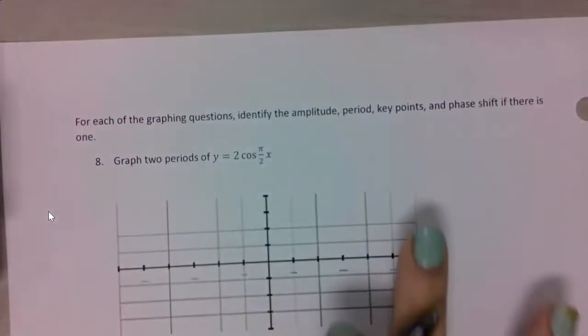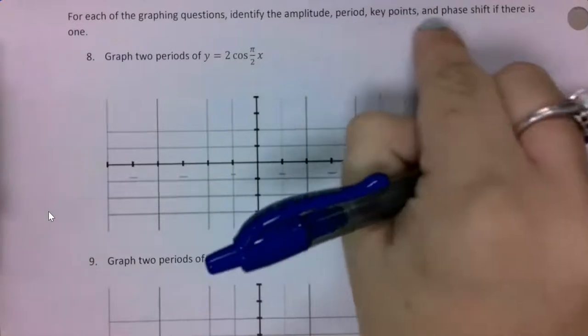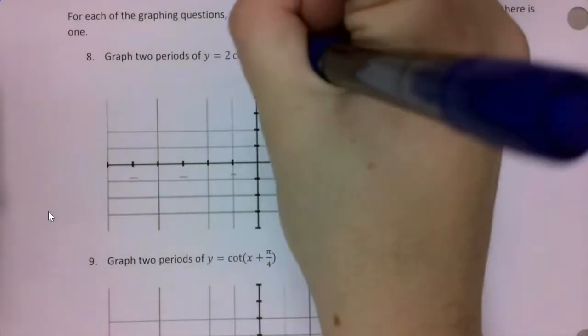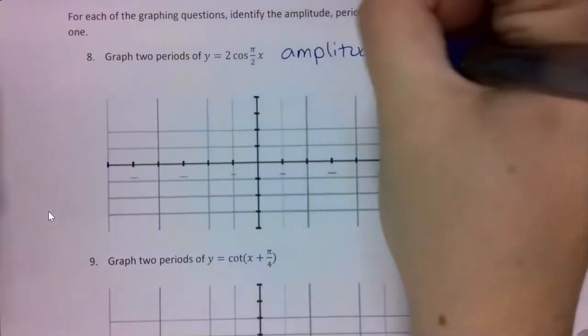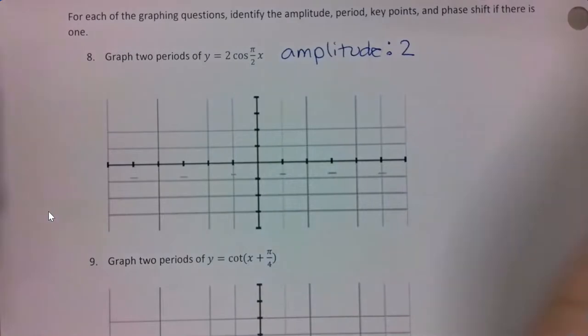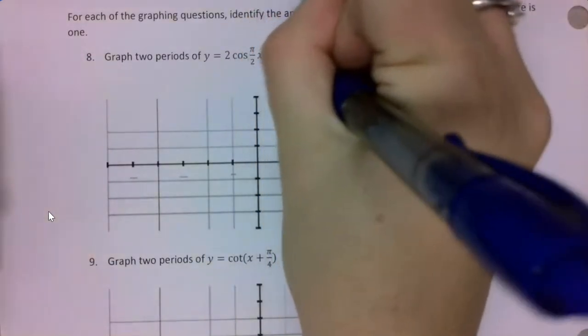On the back, I am graphing trig functions. It wants me to identify the amplitude, period, key points, and phase shift if there is one. So starting off on number 8, my amplitude is 2. My period is taking the coefficient in front of x and dividing it out from 2 pi.